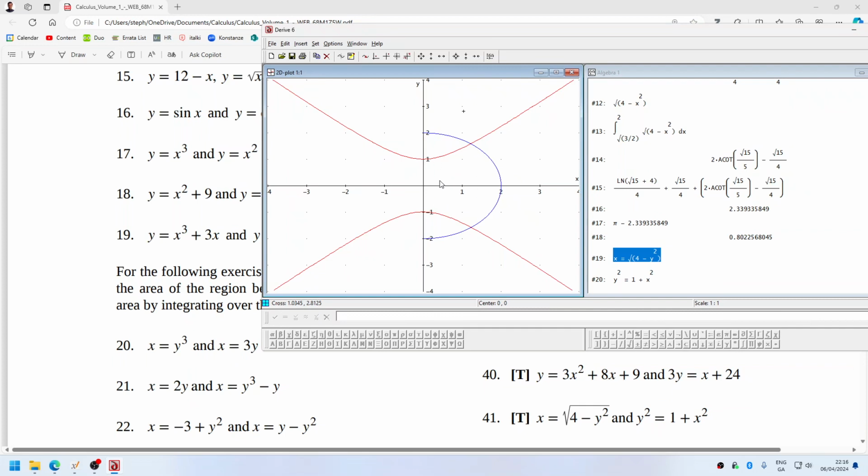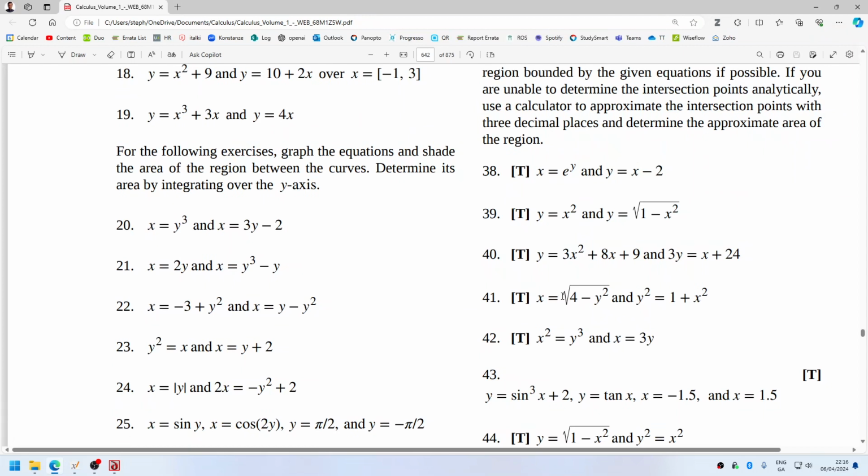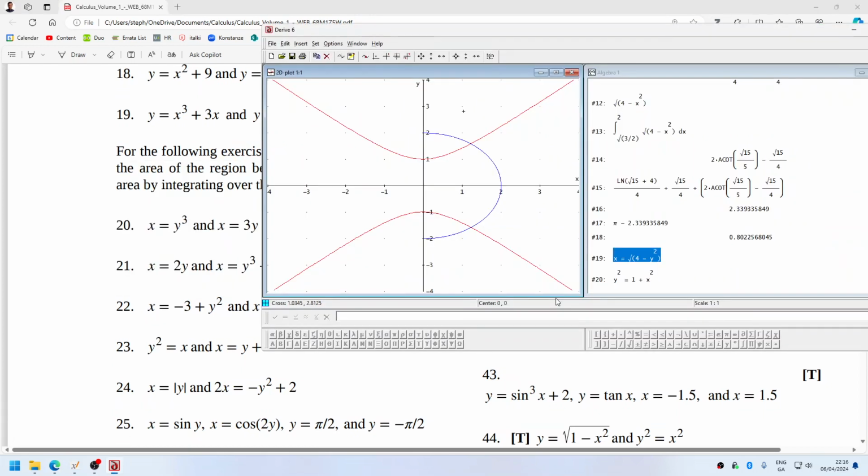When I think about it now, there isn't any region bounded because, well, yeah, because of the root here, the x has to be positive, so it has to be to the right. Hmm.